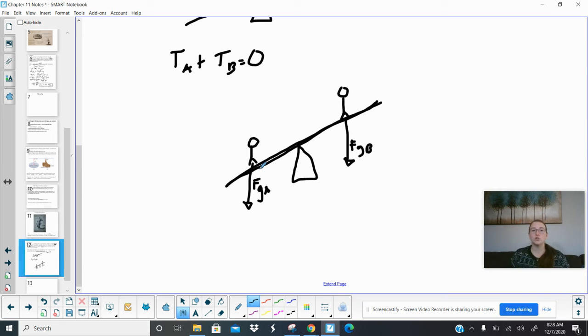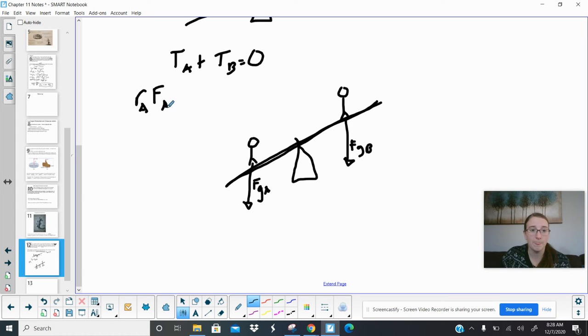So what we need to do is plug in here. We are going to have the distance that Aquila is from the center times her force.